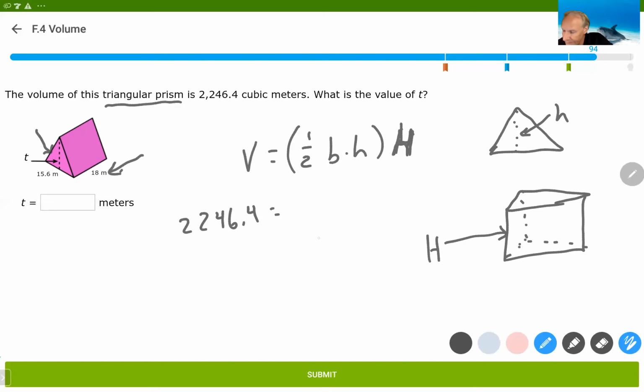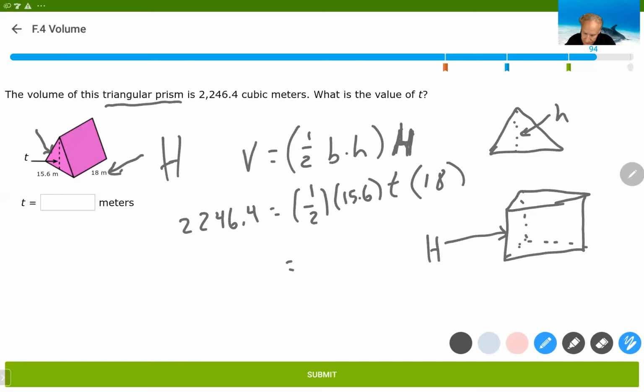And we want to find the value of t, which is the height of the triangle. So I've got 1/2 the base, which is 15.6. The height is t, and then the capital H, which is my three-dimensional height, is 18. So I've got the height.